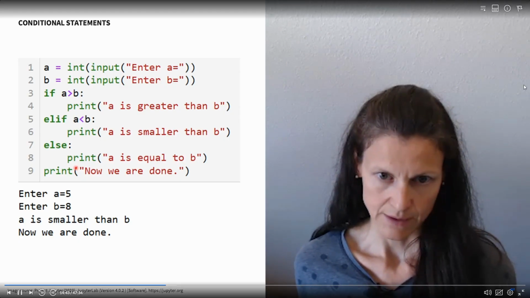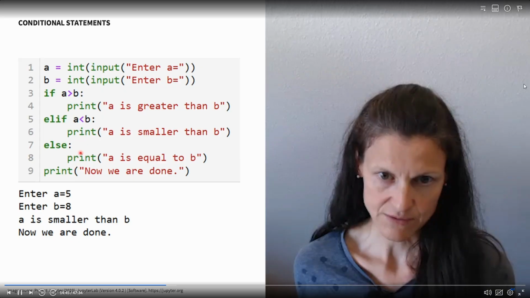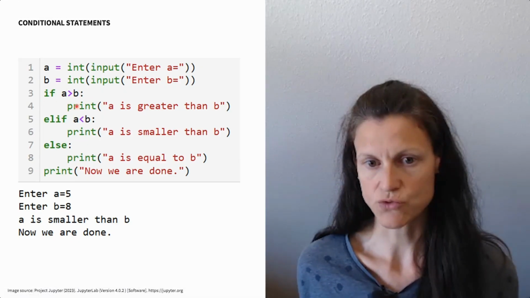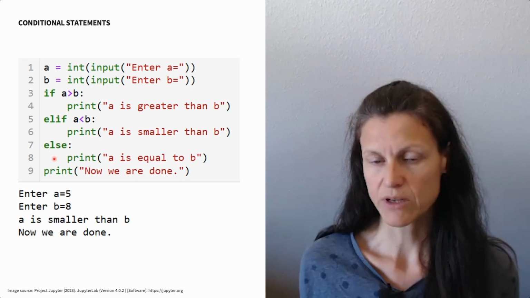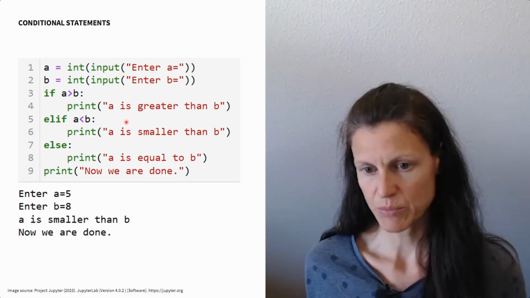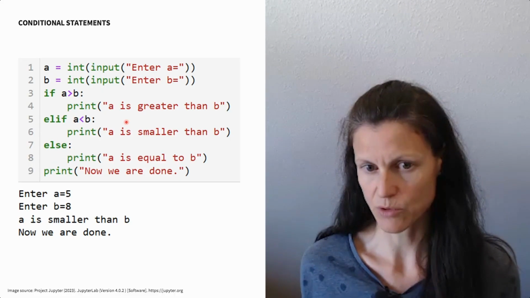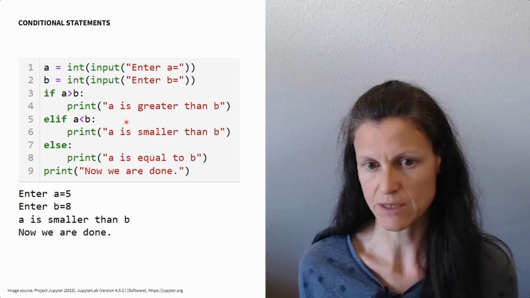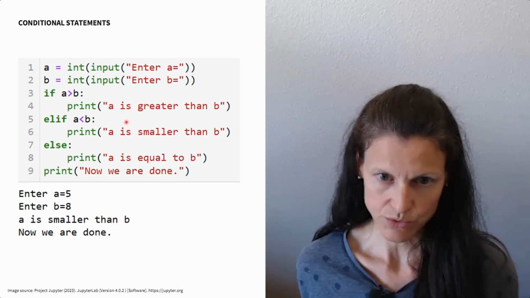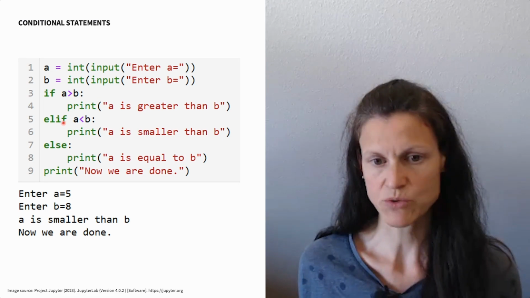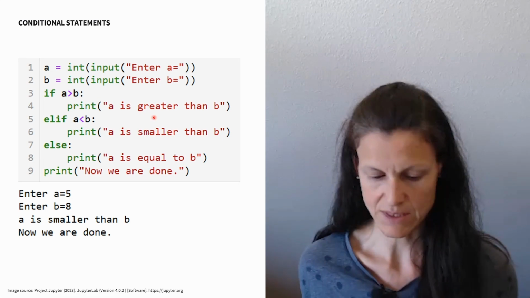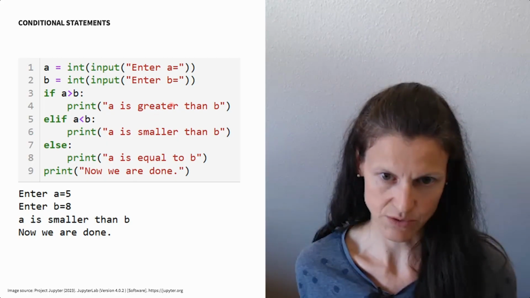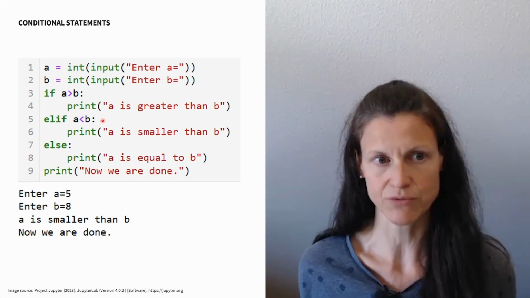Since if the first if statement here was evaluated to true, and we have here only elif and else, the interpreter knows already that it can skip the other remaining parts of the complete conditional statement. If we would use an if clause here, we would come to the same result, but the interpreter would have to evaluate this expression here as well. So the elif is here for reasons of efficiency.